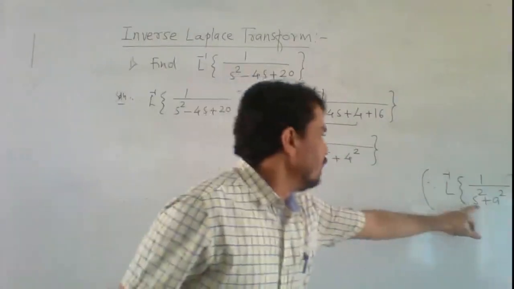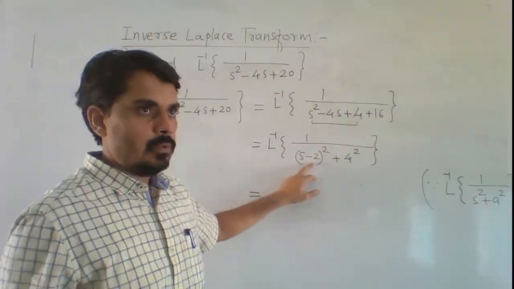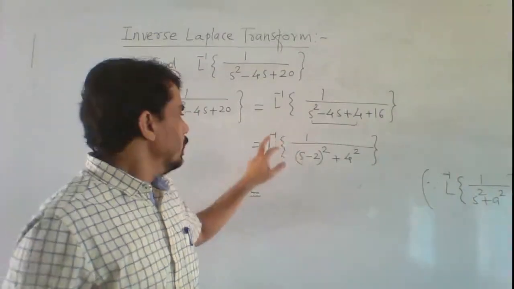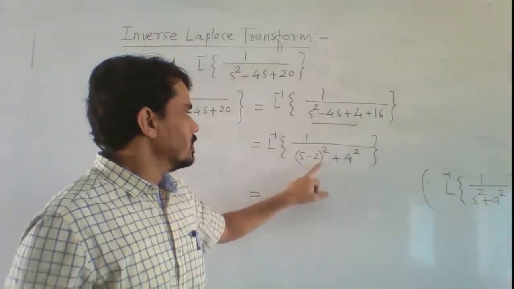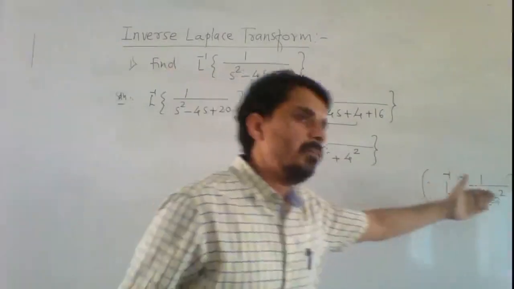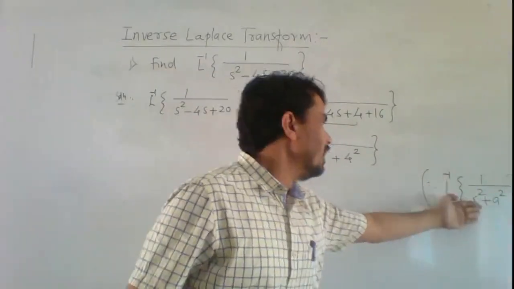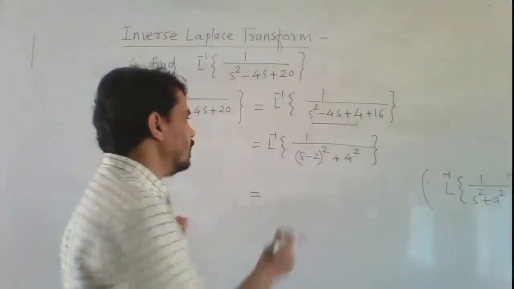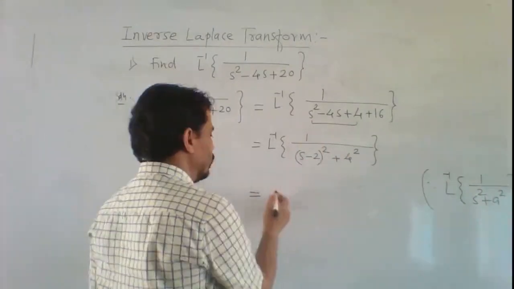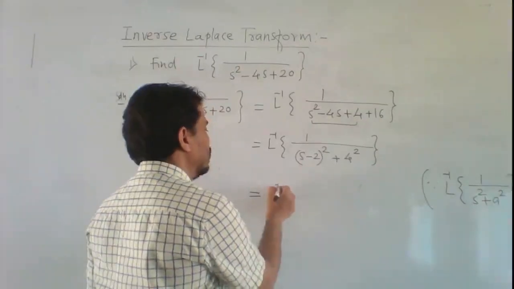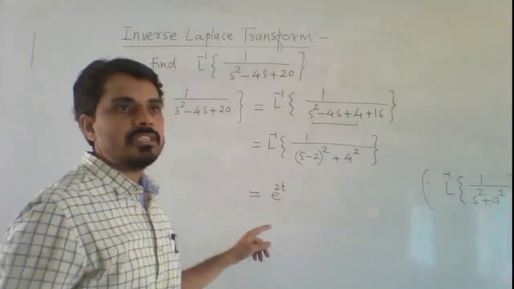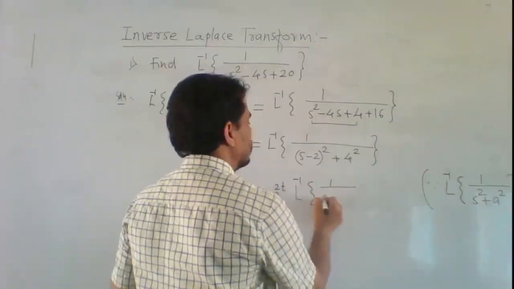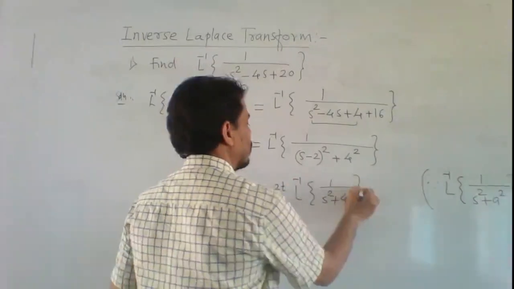In place of s, there is s minus 2. So here we use the shifting property. L inverse of 1 upon s square plus 4 square is obtained by this formula. But in place of s, there is s minus 2. So first apply the shifting property. There is s minus 2, so take the multiplication of the exponential term e raised to the power 2t, and then take L inverse of 1 upon s square plus 4 square.